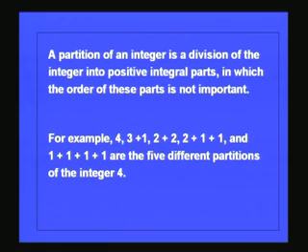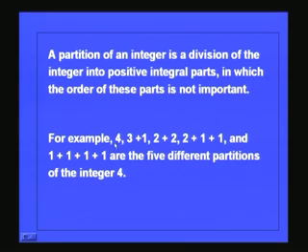For example, if we take the number 4, it can be partitioned as 4 plus 0, that is just 4 alone, or as 3 plus 1, or as 2 plus 2, or 2 plus 1 plus 1, or 1 plus 1 plus 1 plus 1. These are the 5 ways of partitioning the integer 4.